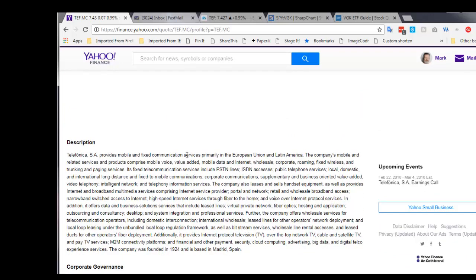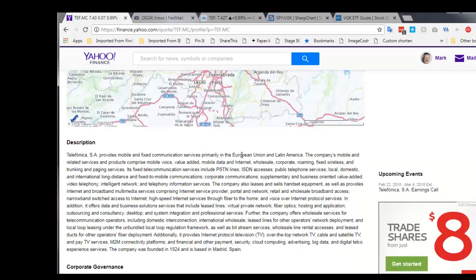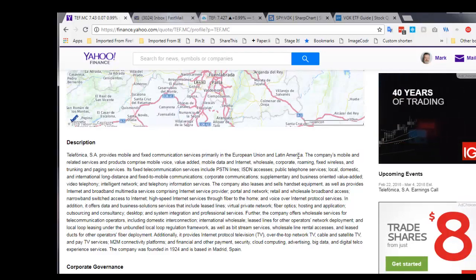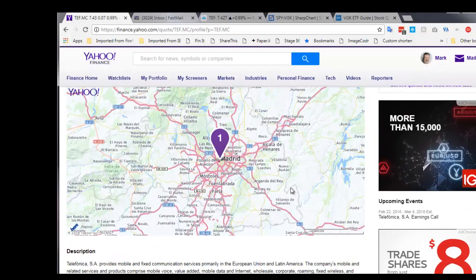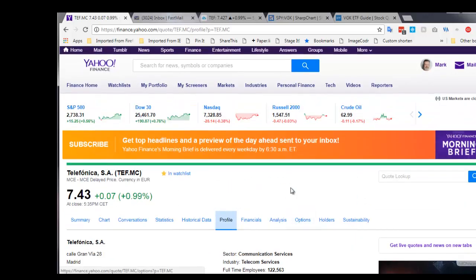It provides mobile and fixed communication, primarily in the European Union and Latin America. So it'll be Latin America that is driving this performance as well. But this investment is all about, have I found the bottom, and will it rebound better than other stocks? Appreciate your time and happy trading.